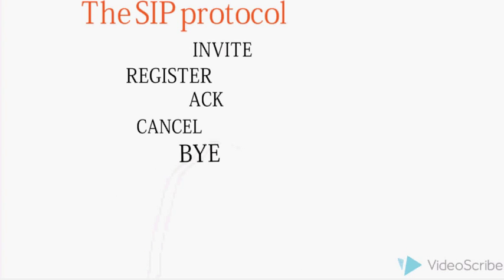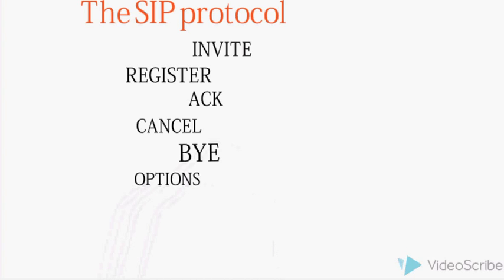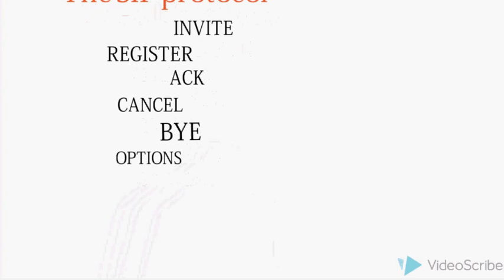The bye method is used to terminate a specific session. Options. The options method is used to list the capabilities and supported methods of a user agent or proxy server. As with HTTP, when options is sent from a user agent to a proxy server, the proxy server can respond with a list of methods it supports.